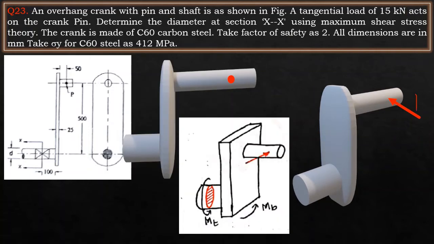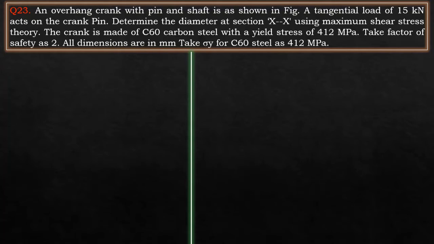The load P is applied on this rod, and because of this load P, we need to determine the diameter at this section X. The material of this crank is given as C60 carbon steel, whose yield stress is given as 412 megapascals. Let us now start solving this numerical.